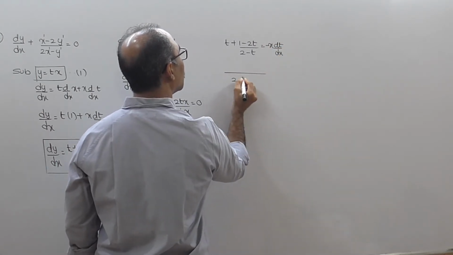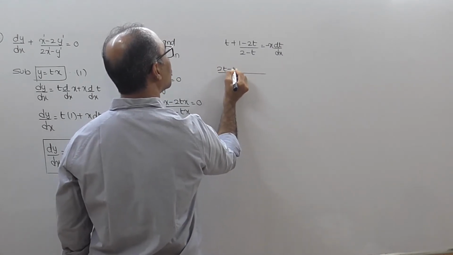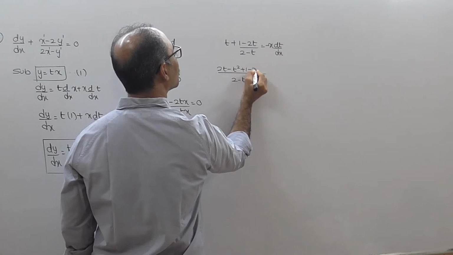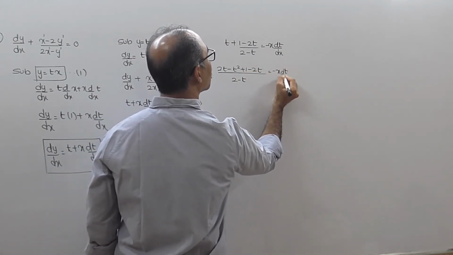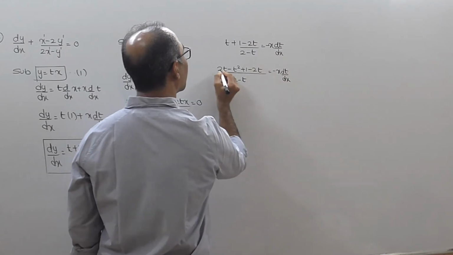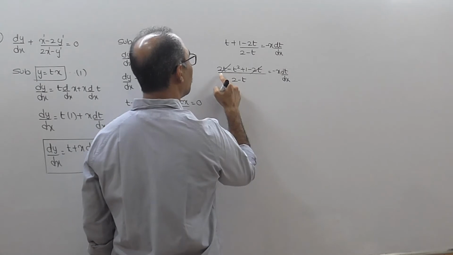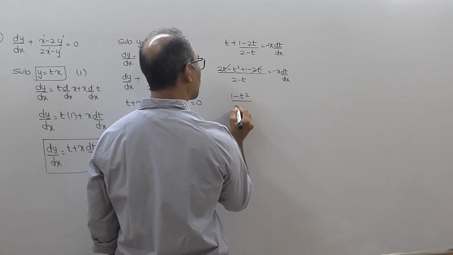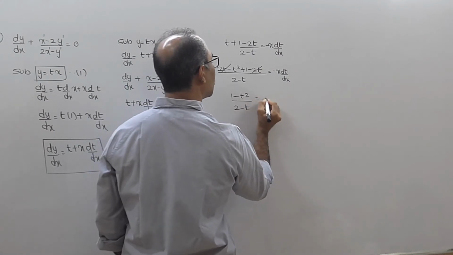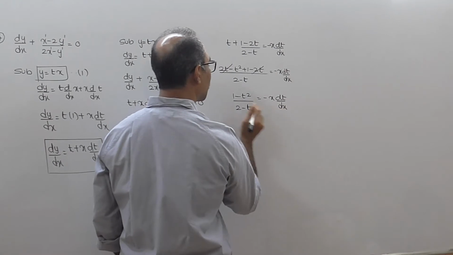Take 2 minus t as LCM, you get 2t minus t square plus 1 minus t square equal to minus x dt by dx. So you can cancel plus 2t and minus 2t. So ultimately we get (1 minus t square) upon (2 minus t) equal to minus x dt by dx.